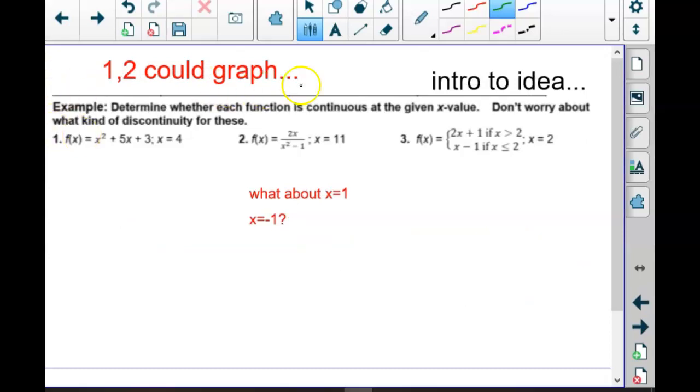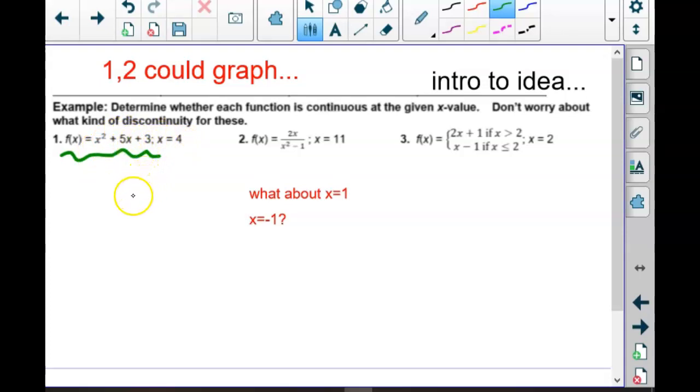If you were given something like this, this goes more towards what I talked about the other day with domain restrictions. This is a polynomial function. It is a parabola because it has an x squared. So if I put a 4 in it, I get out 16 plus 20, 39 or something.